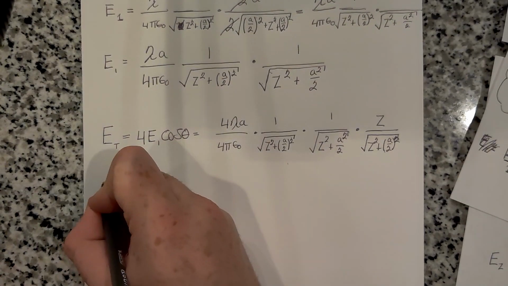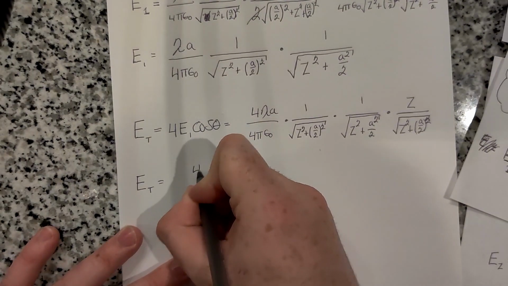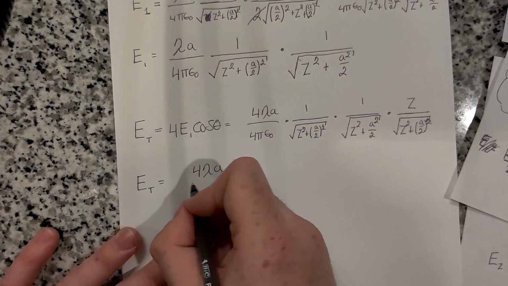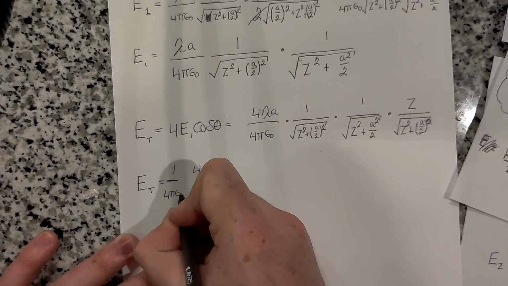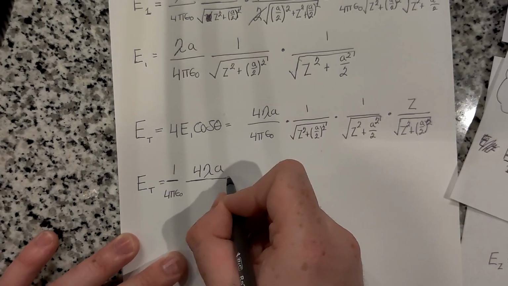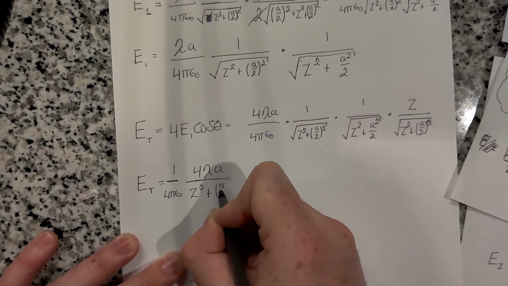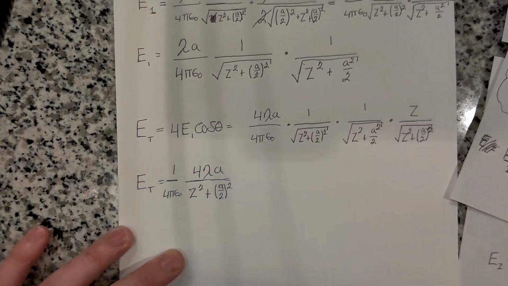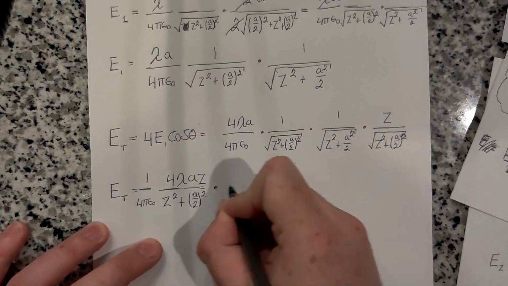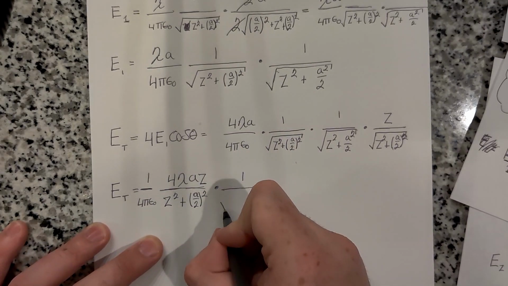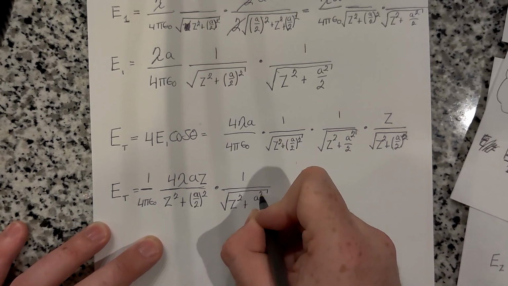And so what we find is the total field is, I'll put 1 over 4 pi epsilon naught out front, 4 lambda A z over z squared plus a over 2 squared, because the z over here is still there, and then times 1 over this term, z squared plus a squared over 2.